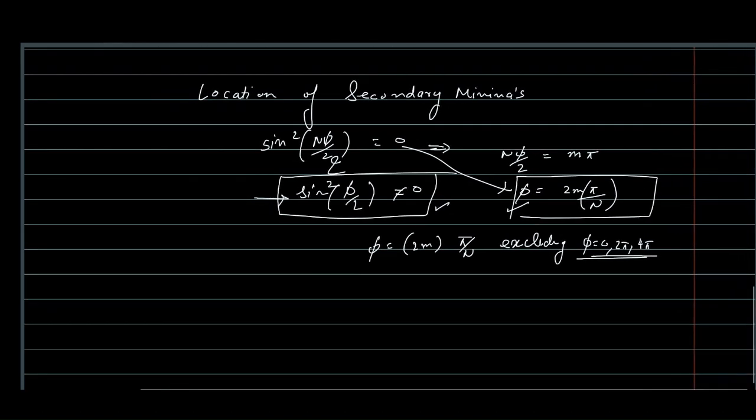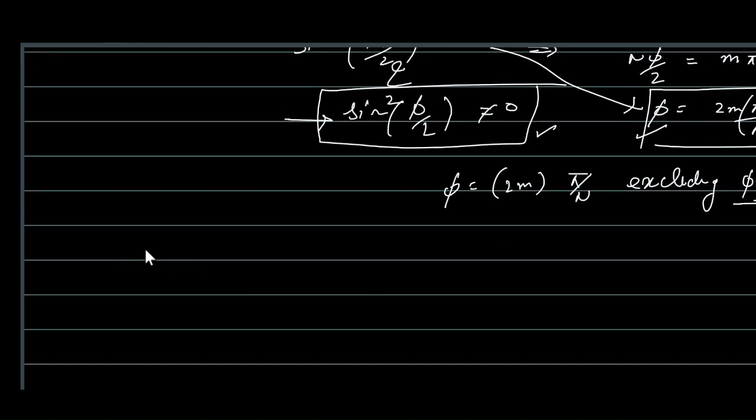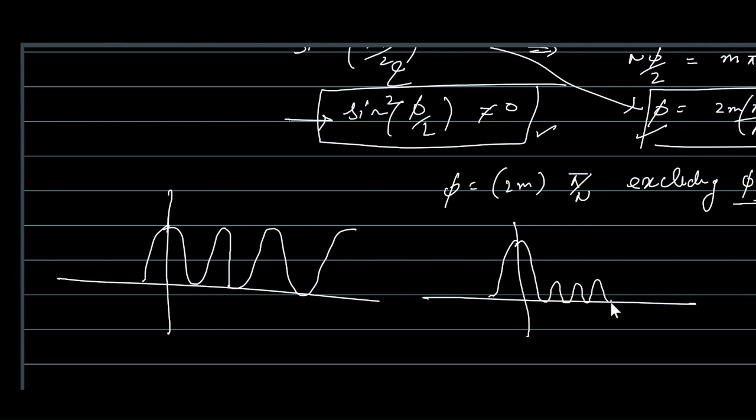Secondary maxima did not exist in the YDSE experiment, but they will exist in this n slits experiment. In YDSE there was a constant level of peak. But when we are talking about n slits, there will be some low height peaks and some high peaks.